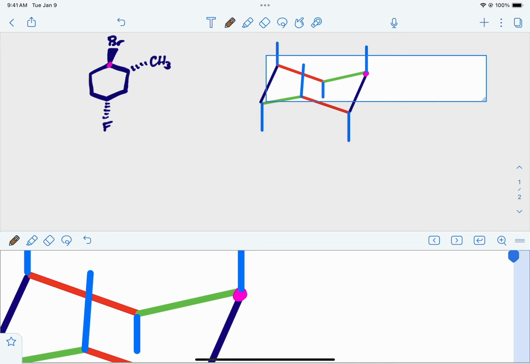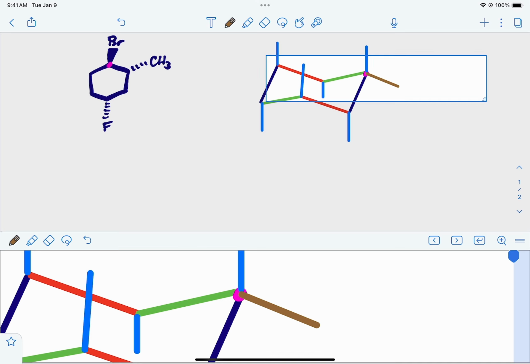It involves the blue set of lines and the green set of lines, which means that the equatorial is going to go parallel to the red set of lines. And you're always going to place the equatorial groups going kind of outwards from the ring. So I'm going to put the equatorial group like that, parallel to the set of red lines, the color that the vertex is not touching. That's going to be our equatorial position.